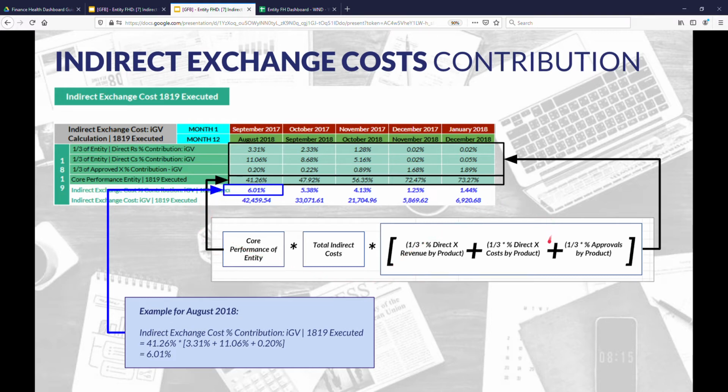If you add all of the percentage contributions of the product times the core performance, it would be the indirect exchange cost percentage contribution for IGV. So 41.26 times the sum of these three equals 6.01, which is this one in blue.